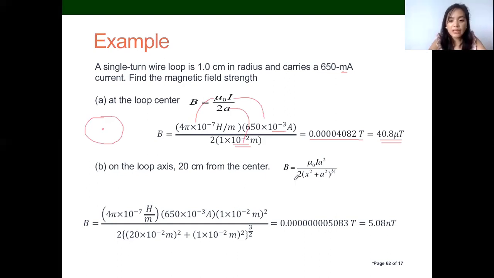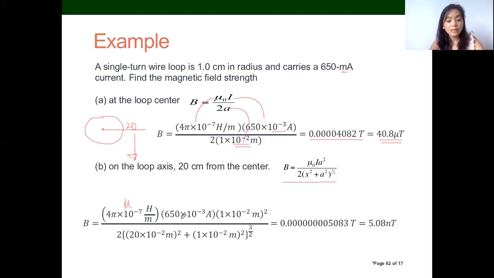Now, here we have another one. What is the magnetic field 20 centimeters away from the center? So this is letter B. This is the formula. This is constant, the magnetic permeability of a vacuum.